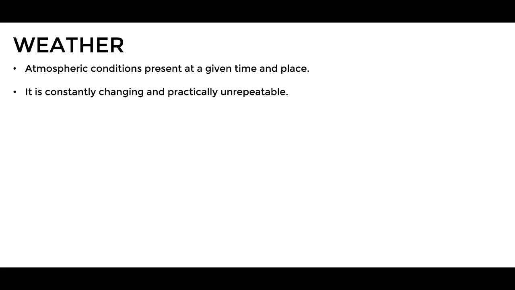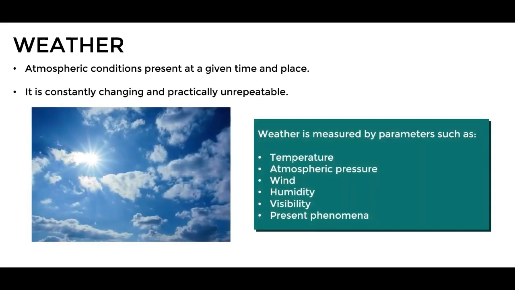Weather is measured by parameters such as current temperature, pressure, wind direction and speed, humidity, visibility, and any present atmospheric phenomena. With this in mind, a regular weather report would be like, today at 2 p.m., Brisbane is reporting a temperature of 19 degrees Celsius, a relative humidity of 64%, sky partially covered with clouds, etc.